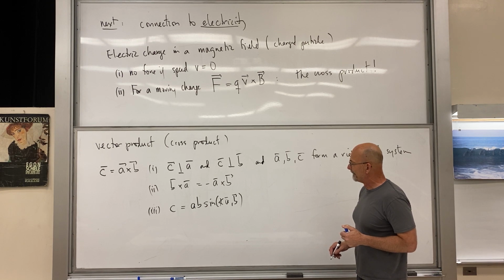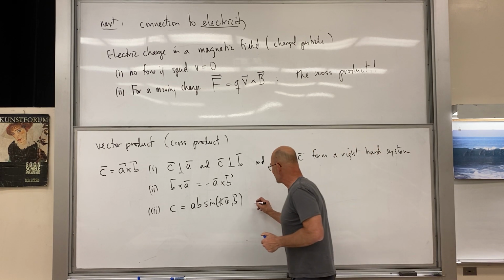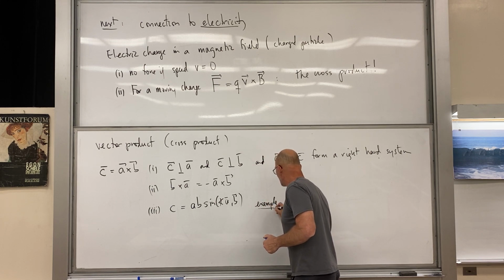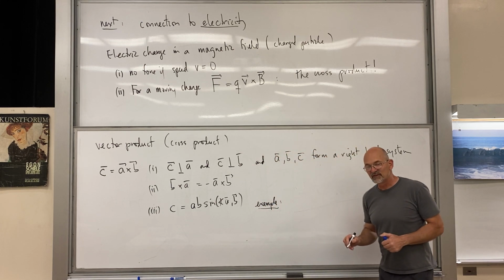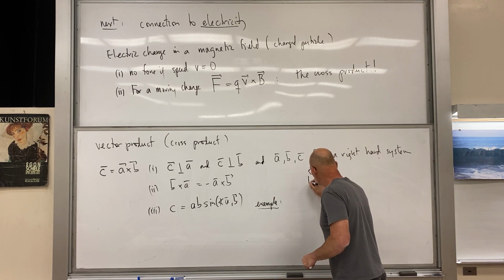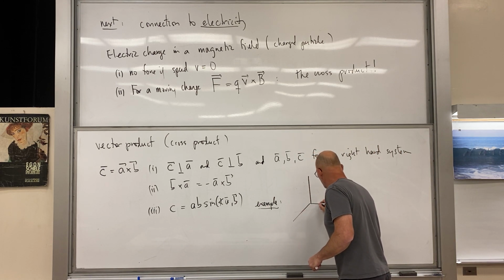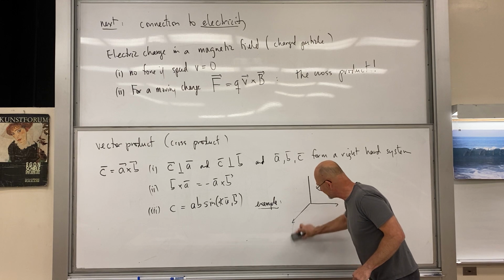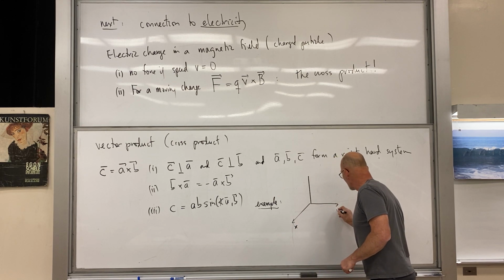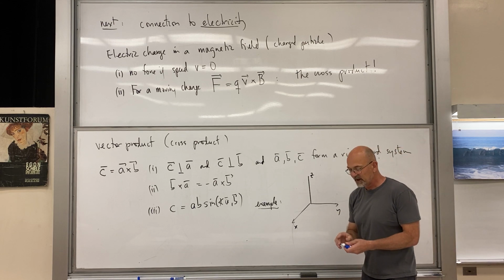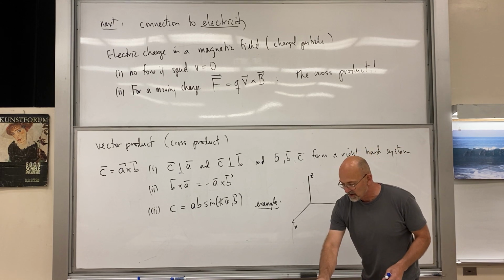Now, let's give an example. When I said a right-hand system, how about we just look at our ordinary coordinate system like this? So this is the X, Y, and Z axes. And we can draw unit vectors along these axes.